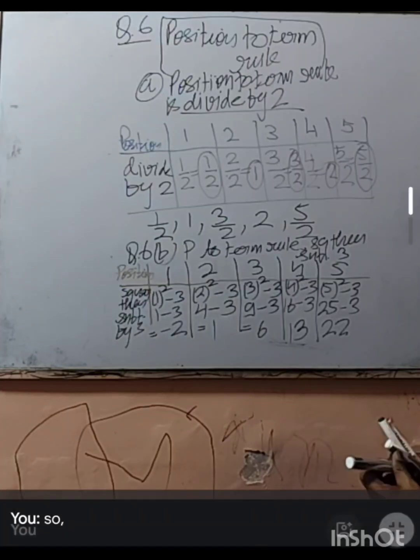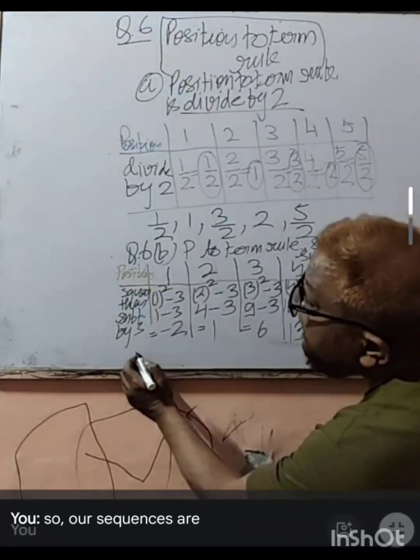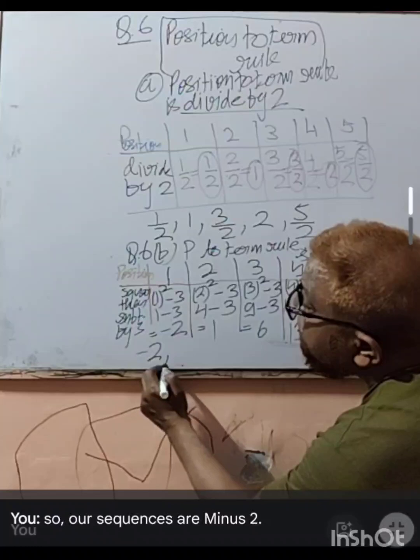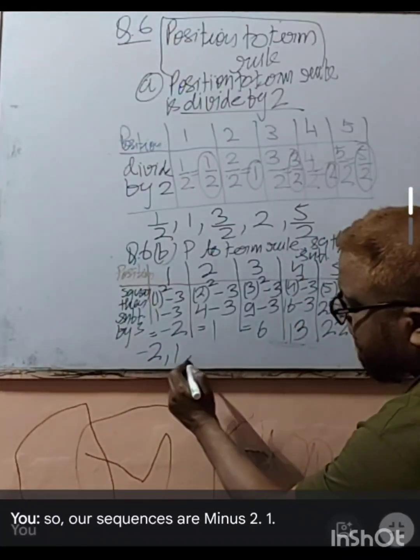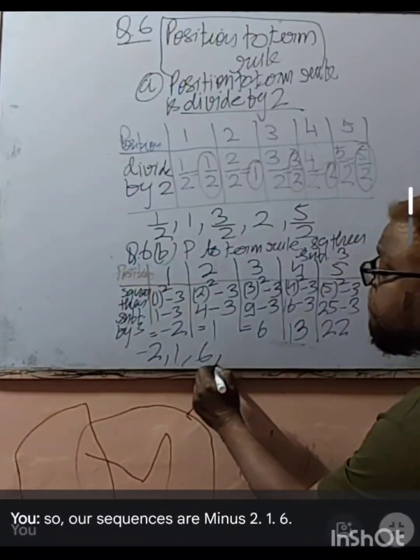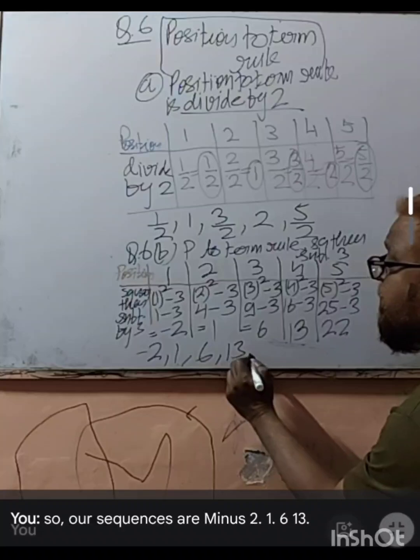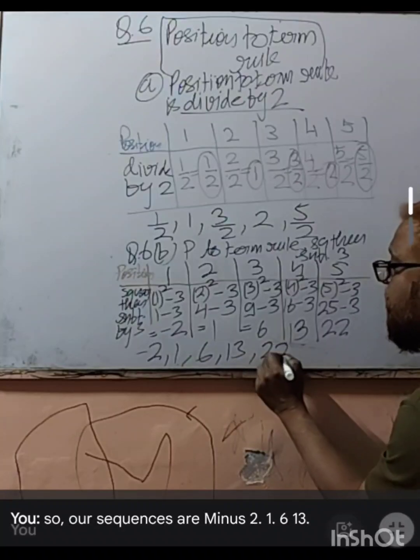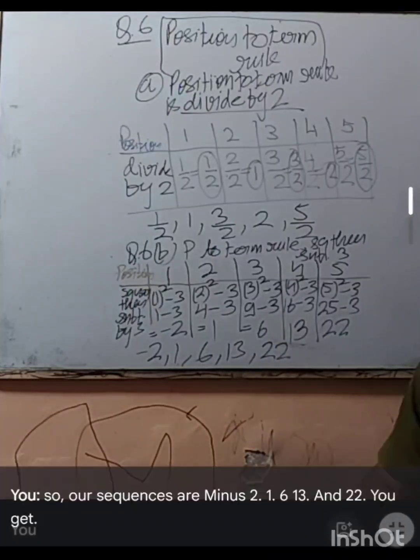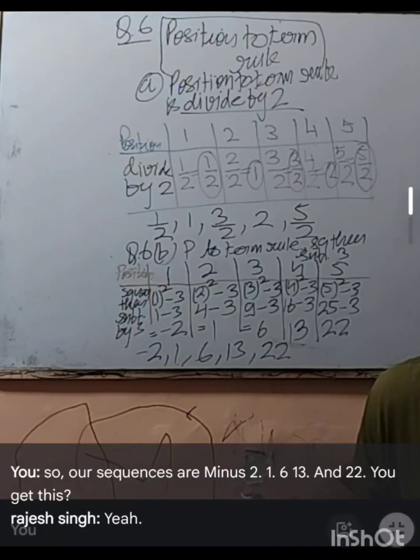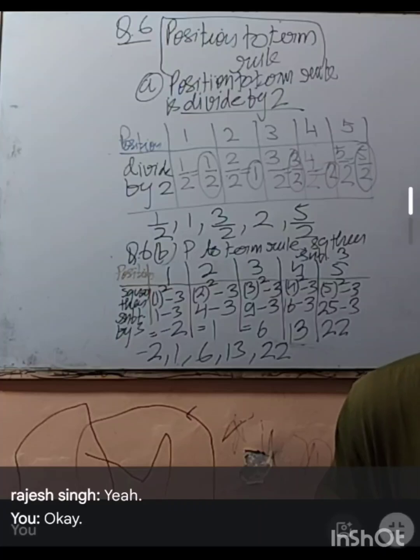So our sequence is -2, 1, 6, 13, and 22. You get this? Yeah. Okay.